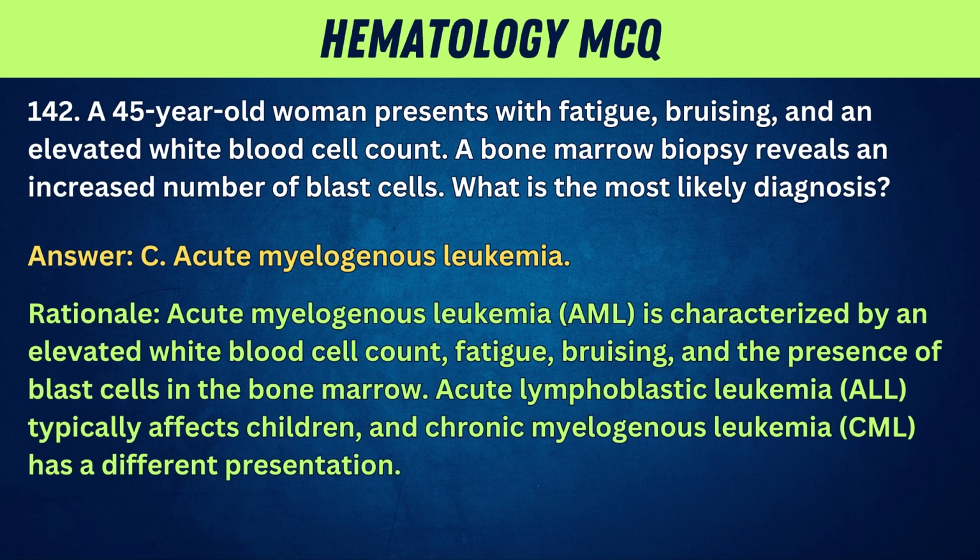Answer: C. Acute myelogenous leukemia. Rationale: Acute myelogenous leukemia, AML, is characterized by an elevated white blood cell count, fatigue, bruising, and the presence of blast cells in the bone marrow. Acute lymphoblastic leukemia, ALL, typically affects children, and chronic myelogenous leukemia, CML, has a different presentation.